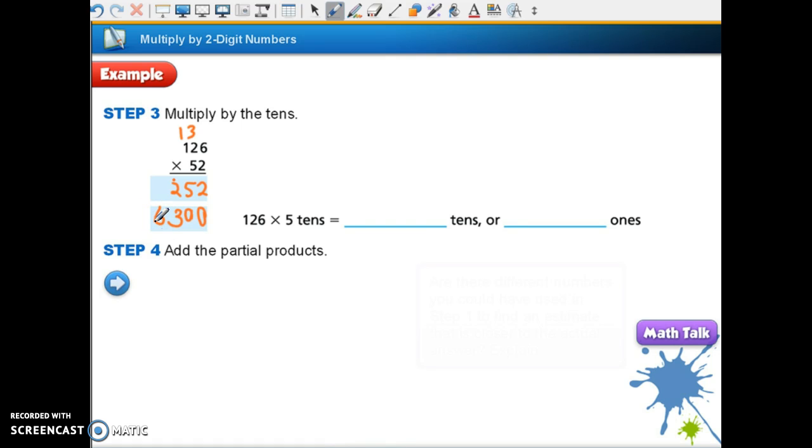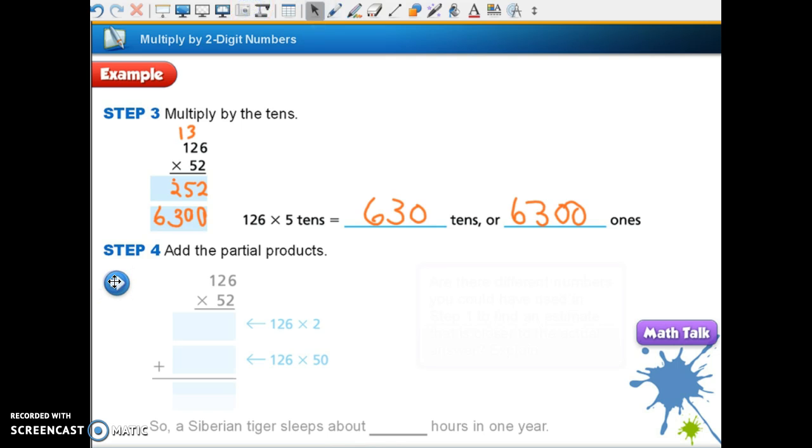Okay? So it's 630 tens, or 6,300 ones. Now we're going to come down in step 4, and we're going to add our partial products.